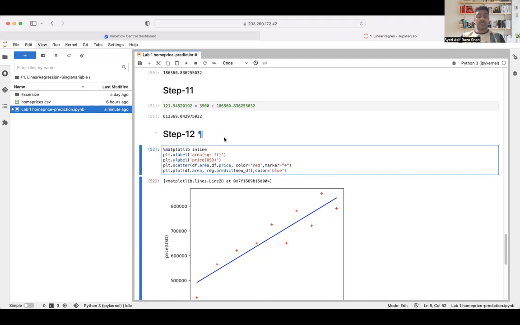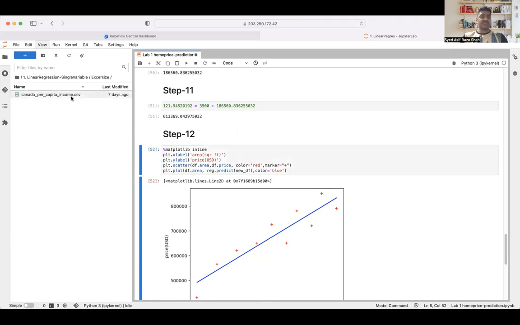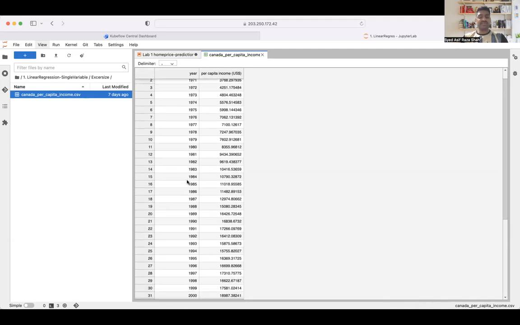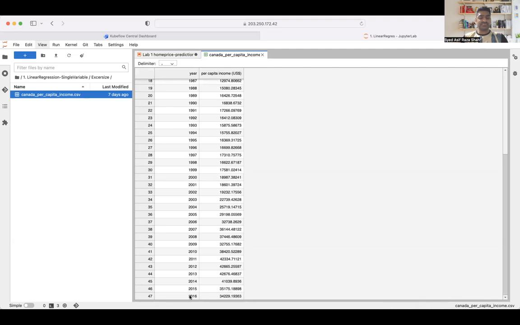So now after this lab, you have an exercise here, right? This is Canada's per capita income by year. What you have to do is predict. If I give the year here, you have data available from 1970 to 2016.